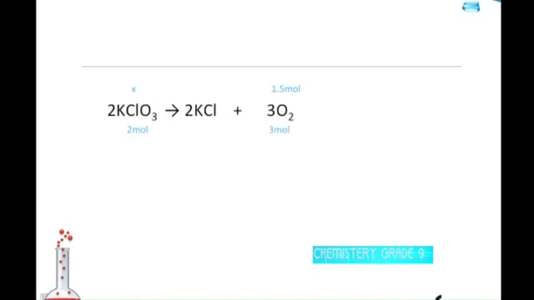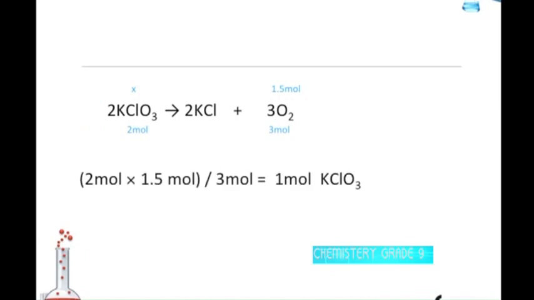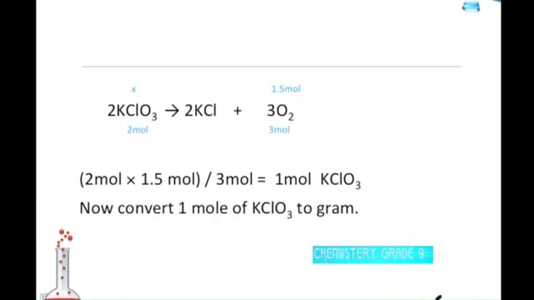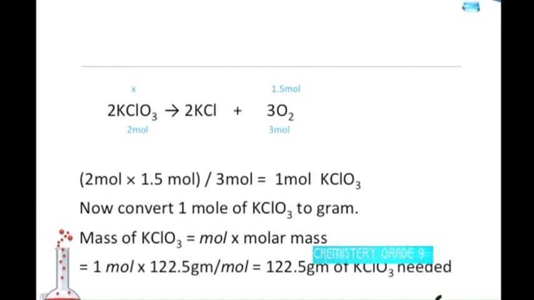We know there's 2 moles of potassium chlorate and 3 moles of oxygen. So 2 moles times 1.5 moles divided by 3 moles equals 1 mole of potassium chlorate. But now we can convert that to grams. The mass of potassium chlorate is equal to the moles that we just calculated times the molar mass. So the answer is 122.5 grams of potassium chlorate.